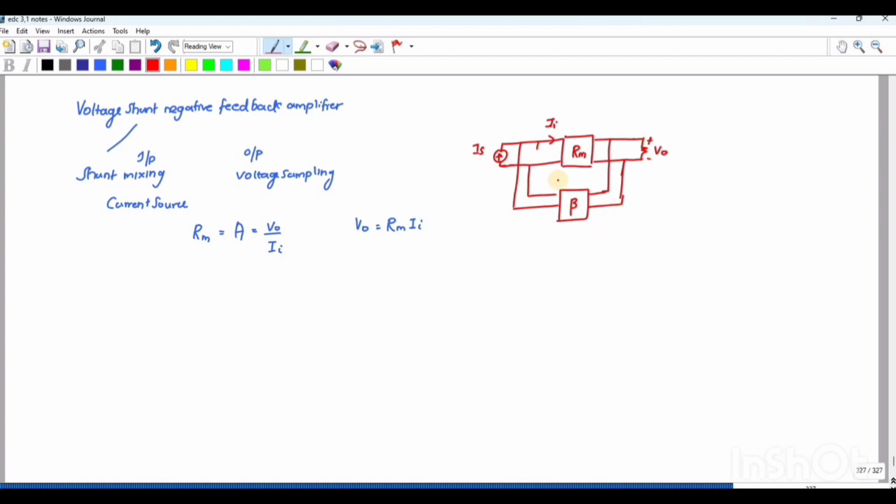So you have to draw the equivalent circuit for this one. The equivalent circuit is this: this is your Is, and this is your If, and you have a resistance Ri, followed by, at the output side, V0 equal to Rm into Ia. Ia is the current that is flowing. Since I have used a voltage source, you have to connect R0 in series. This is your RL.